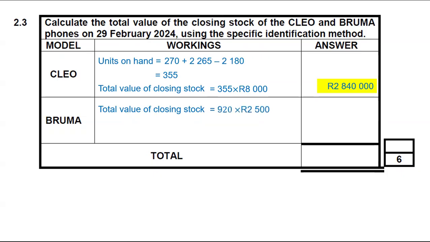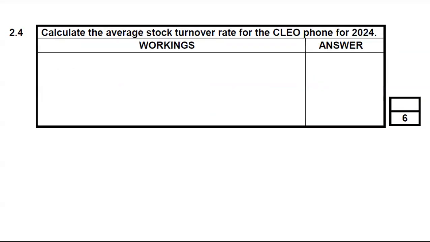Now that'll give you your total closing stock, obviously. Which will be 2,300,000. So the total value of our closing stock will be 5,140,000.